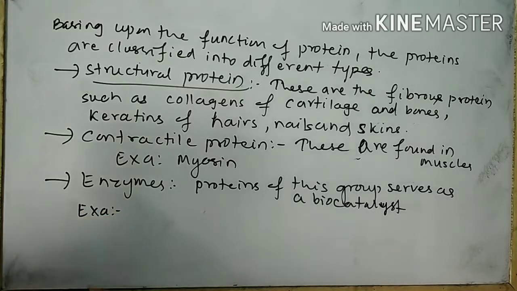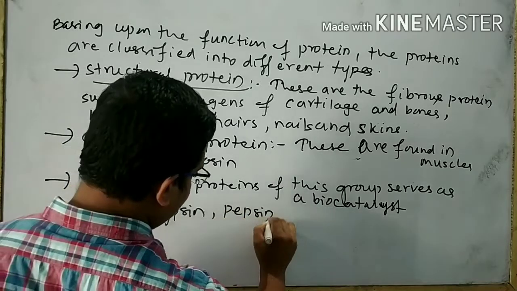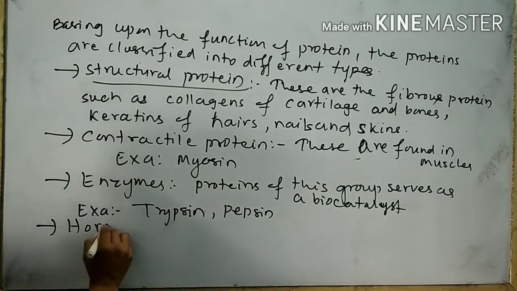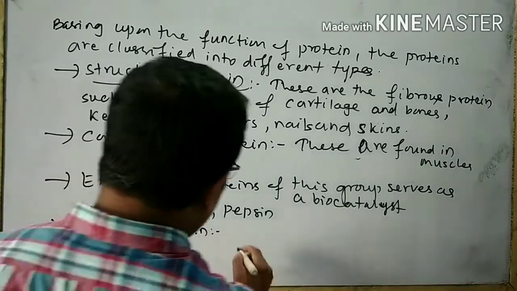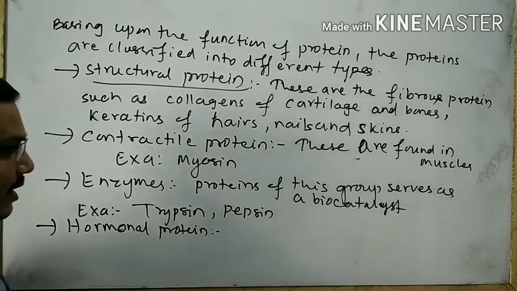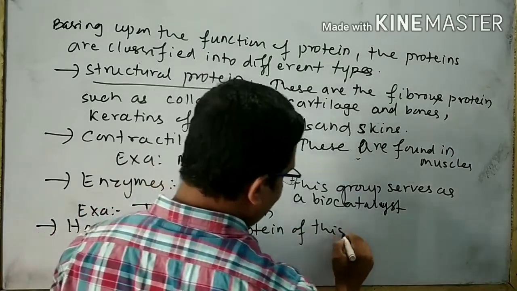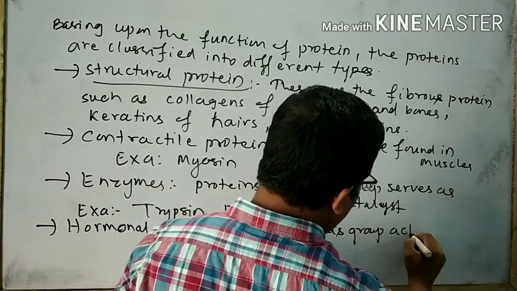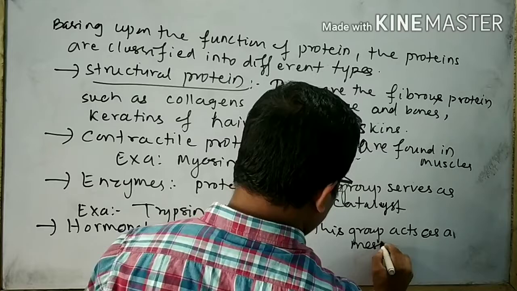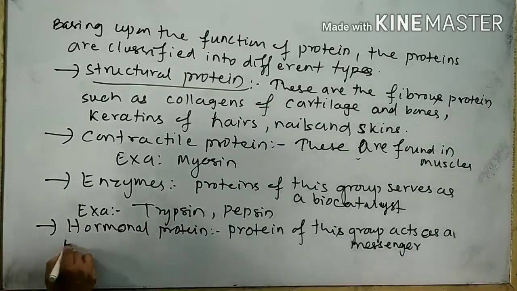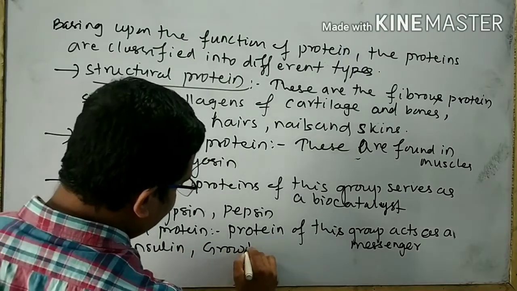Examples of enzymes which are proteins are trypsin, pepsin. Next is hormonal protein. Proteins of this group act as a messenger. Examples are insulin, growth hormone.